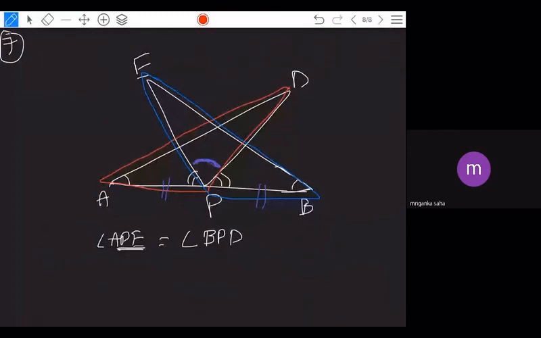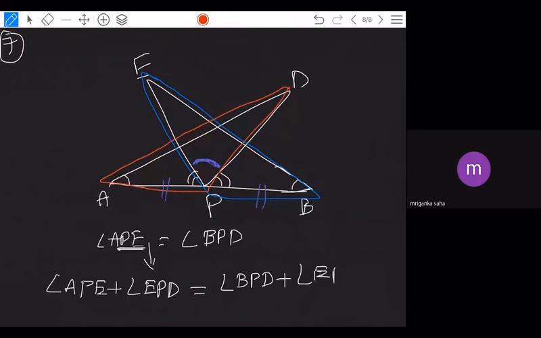For this I am adding this part, this purple color angle part. I added angle APE plus angle EPD. So whenever you add that part, here also BP, like in the previous problem, just the EPD angle you need to add. So whenever you add this, APE plus EPD will become APD. APD will come, this whole angle will be there, this whole.